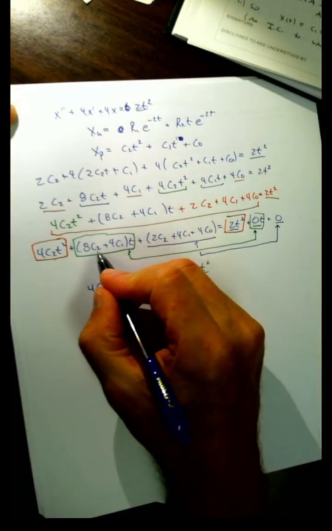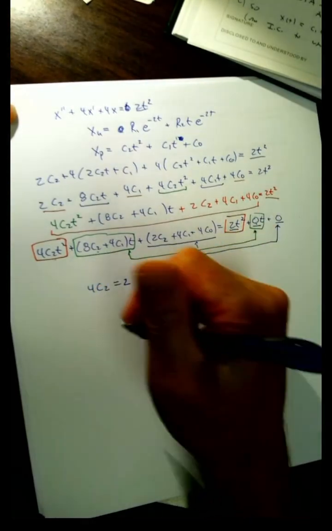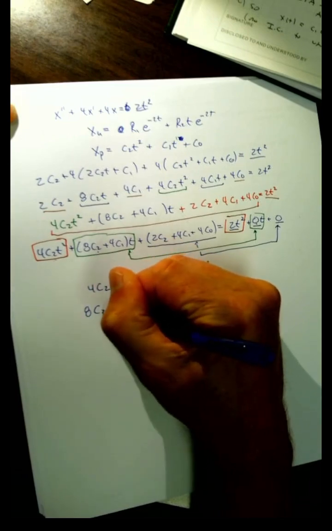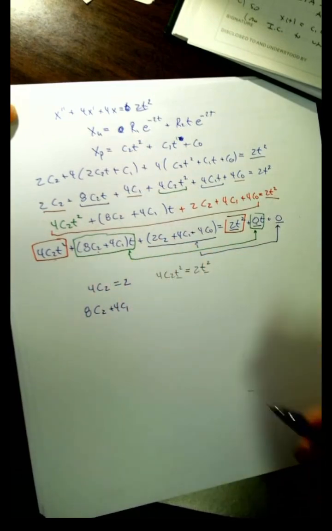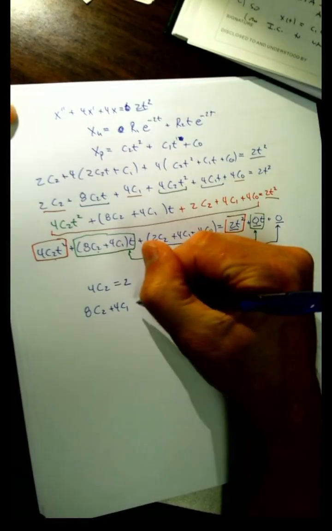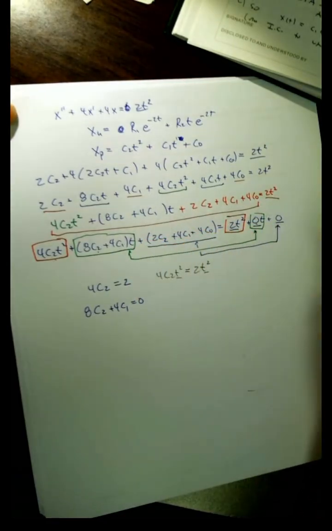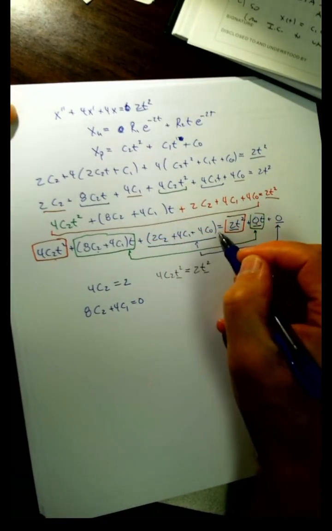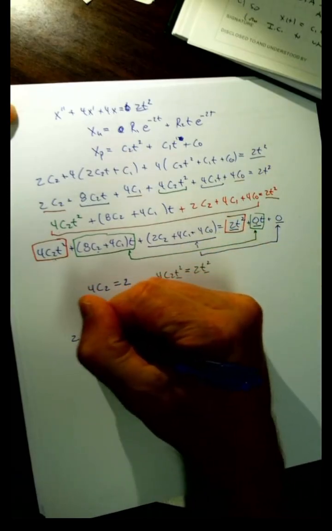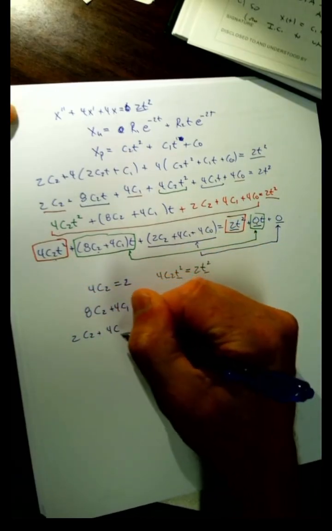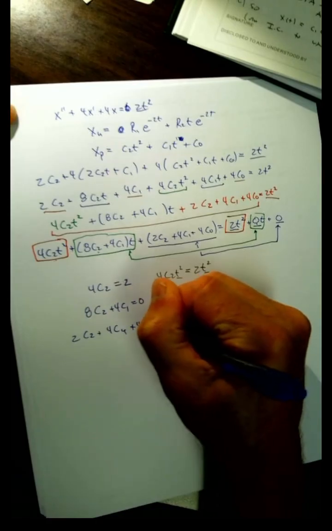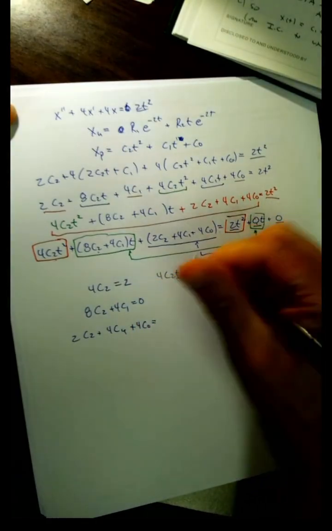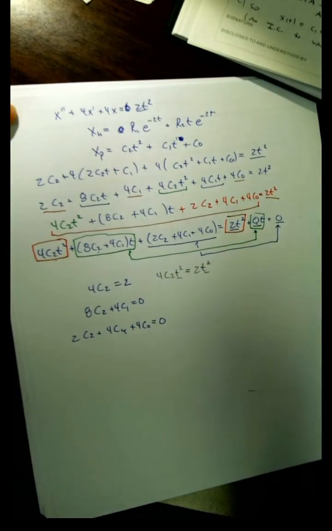The coefficient on t has to be 0. So the coefficient on t for the left-hand side is 8c2 plus 4c1. Coefficient for t on the right-hand side is 0. And on the left-hand side, the constant term is 2c2 plus 4c1 plus 4c0, which has to add up to 0 because it's a 0 constant term on the right.